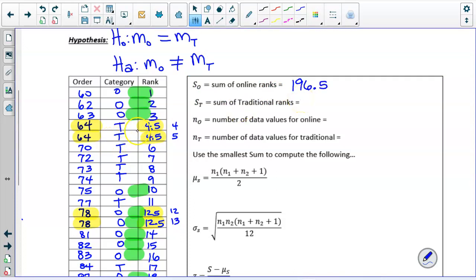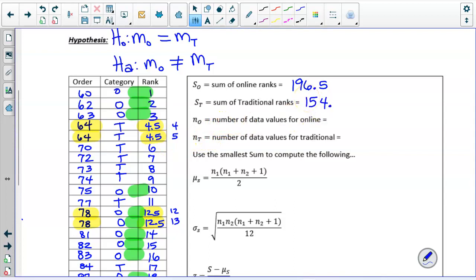And now, all of these that I didn't put the green highlight, because it's the traditional, go through and add all those. What'd you get? 154.5 is what he said.